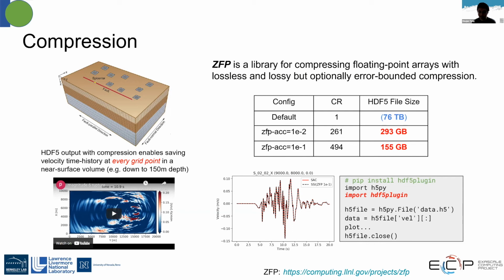On the right-hand side, this is one simulation run we have. Hypothetically, if there is no compression, outputting the entire domain up to 150 meter depth will take about 76 terabytes. We actually don't have that much space in our allocation on the supercomputers, so it is basically impractical to output this amount of data.